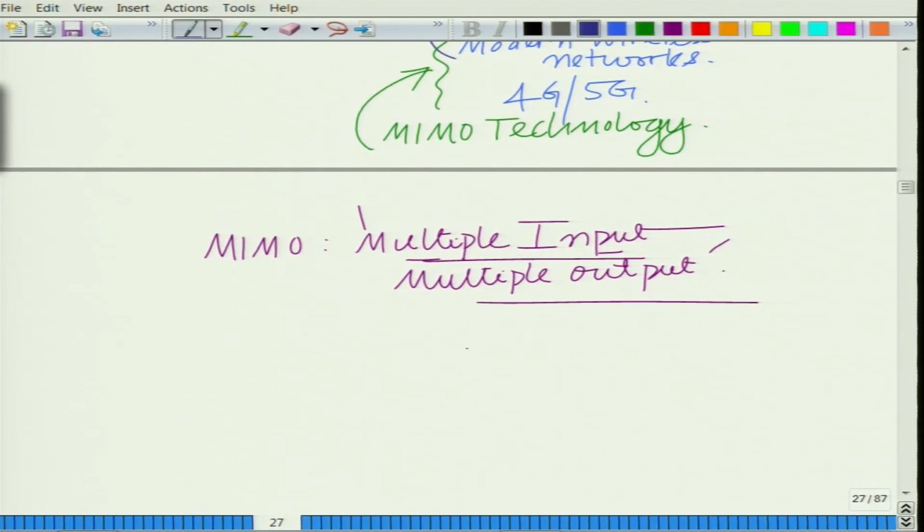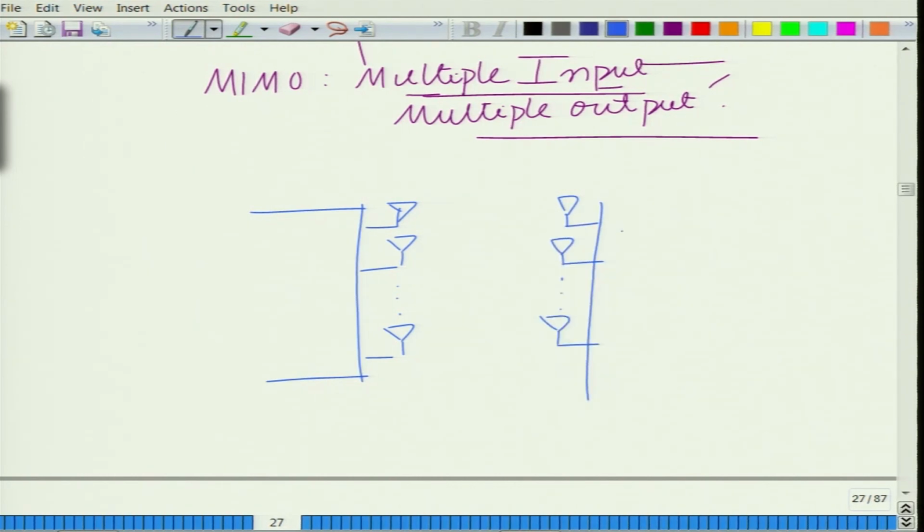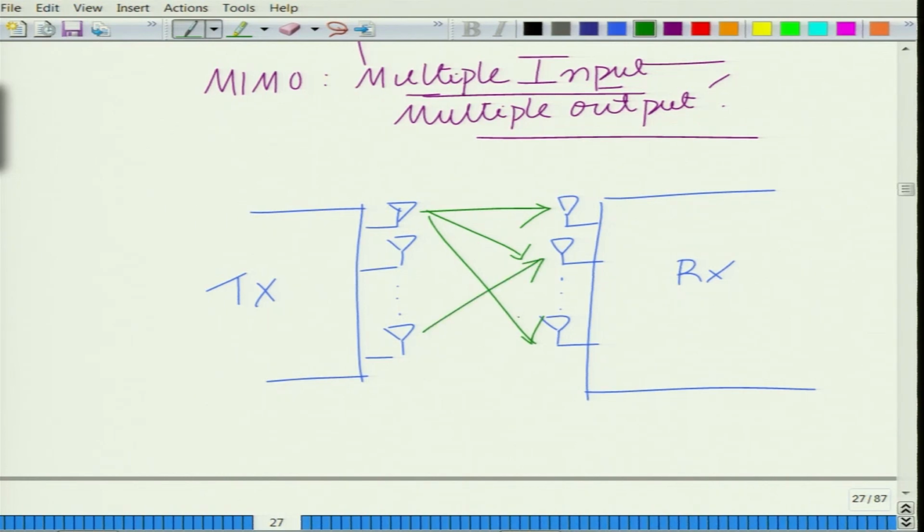So, for instance, let me draw this. You have the transmitter, you have the receiver, and then you have these antennas similar to what we have seen.